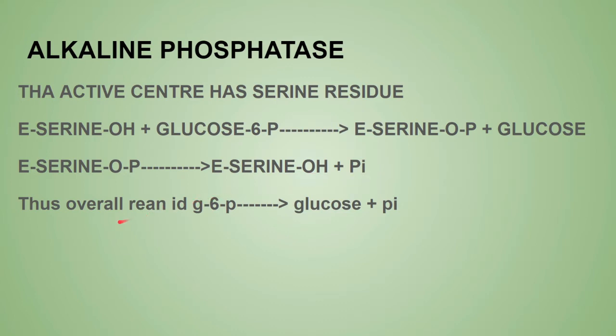So at the end, the overall reaction is G6P converted into glucose and phosphate, and the enzyme gets back as we had before, E-serine OH. So in short, according to Michaelis-Menten theory, the enzyme we have in the beginning we get at the end after the reaction ends, and we get the product after the enzyme substrate complex process.